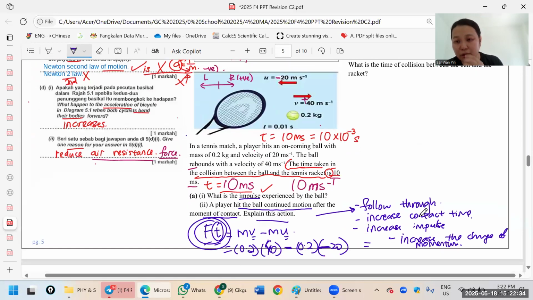So we say follow through increases contact time, increases impulse, increases the change of momentum. And we also increase the final speed.